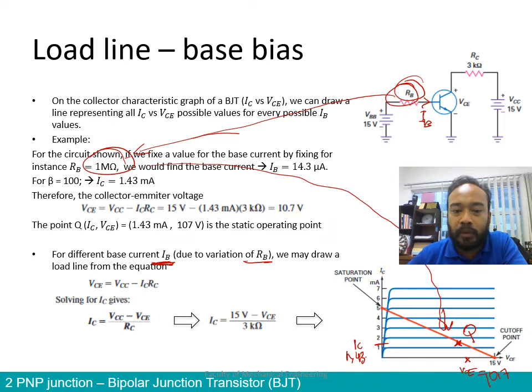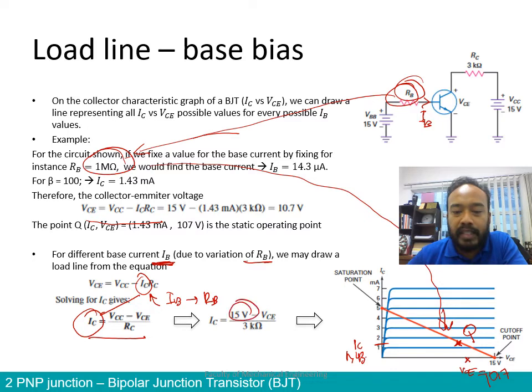So using the same equation, we know that here the equation over here, VCE equals to VCC minus ICRC. So IC we know is VCC minus VCE over RC. If we know that IC will be depending on IB and IB will be depending on therefore RB, we could write a line following this equation, IC equals to VCC minus VCE over RC.